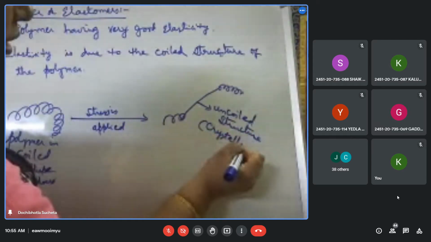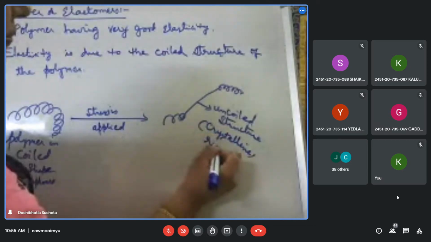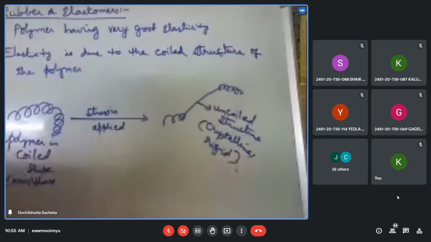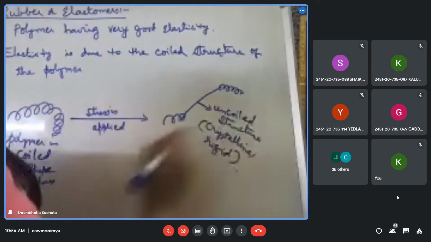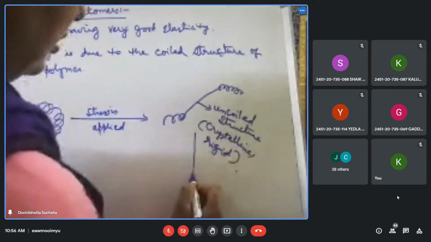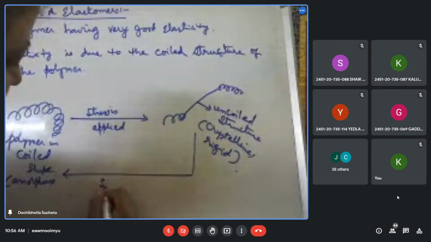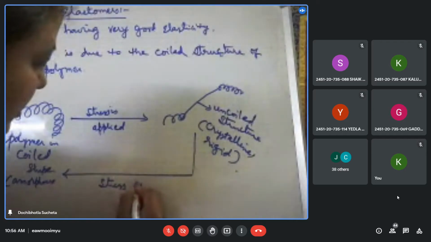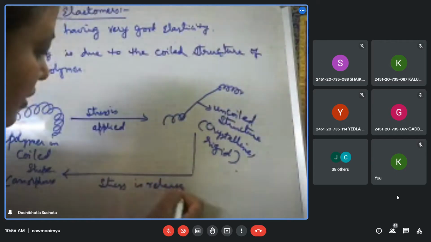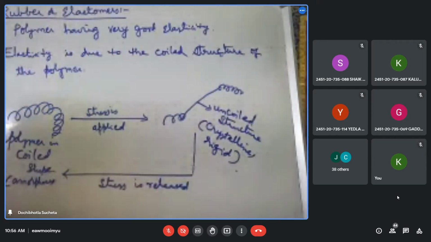Crystalline, making it rigid. When stress is released, they get back to the original shape. So that's how the property of elasticity comes into the picture.